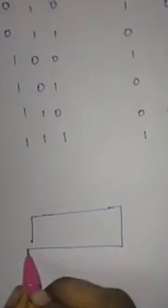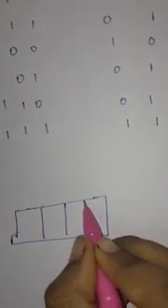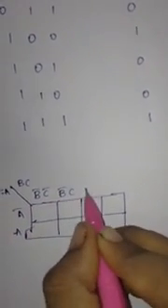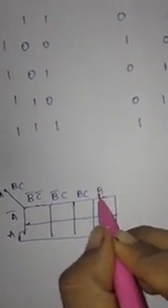Now we have to draw K-maps for sum and carry. Because of three inputs, we have to draw a 3 variable K-map. A bar, A, B bar C bar, B bar C, B C, B C bar.